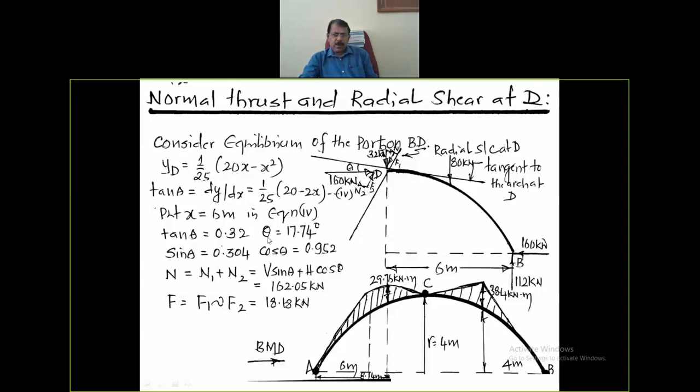Well, we know the value of theta at that point. Calculate sine theta. Sine theta value is 0.304, and compute cos theta. Cos theta value is equal to 0.952. Now, we know that the total normal thrust is denoted by the notation N. N is given by N is equal to N1 plus N2.